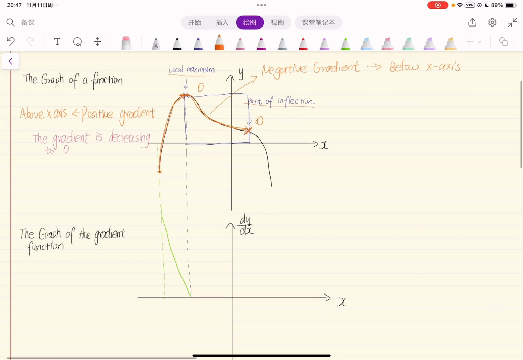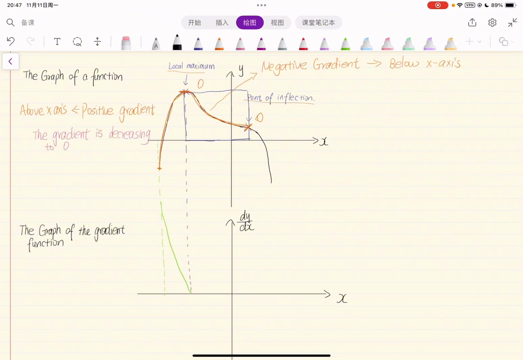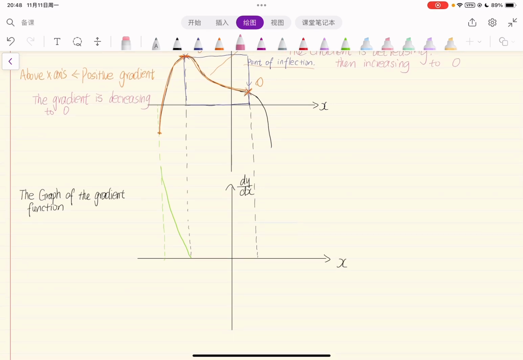So for this part, the gradient is decreasing and then increasing to 0, which means the curve of the gradient function at the x-coordinate of the point of inflection here should be 0, right?